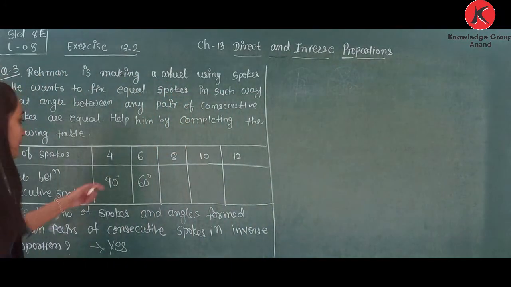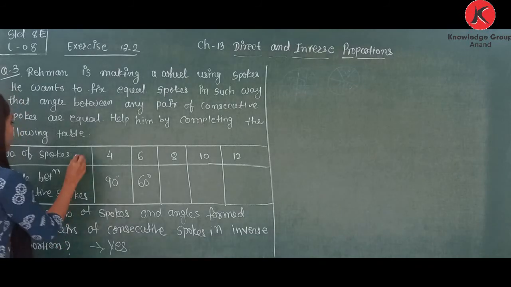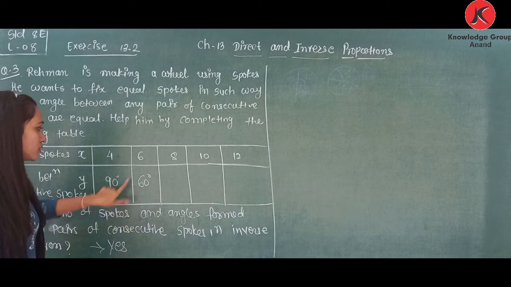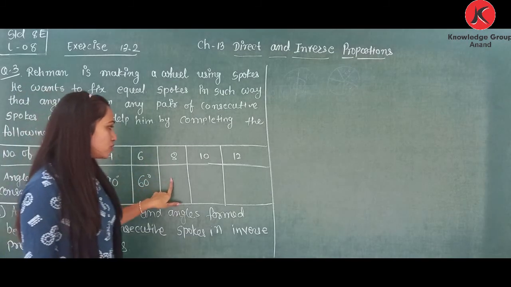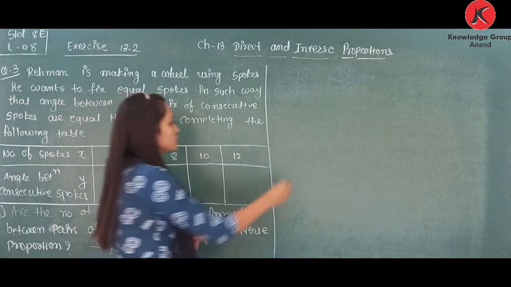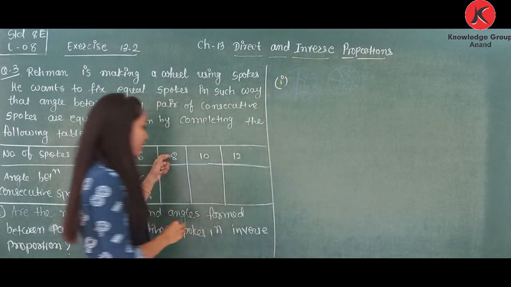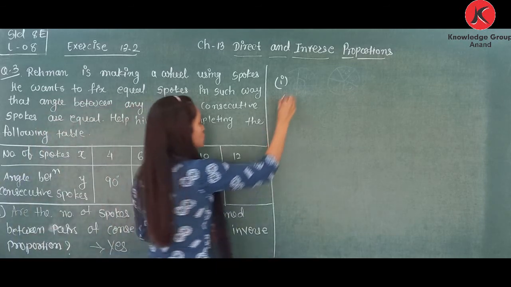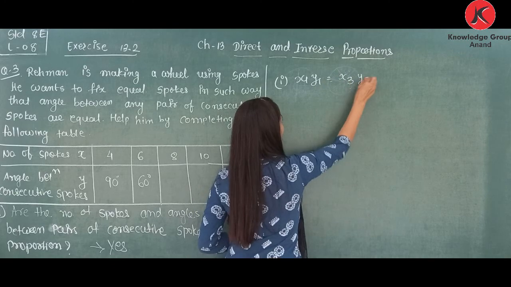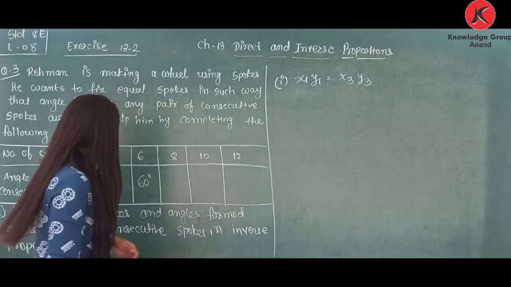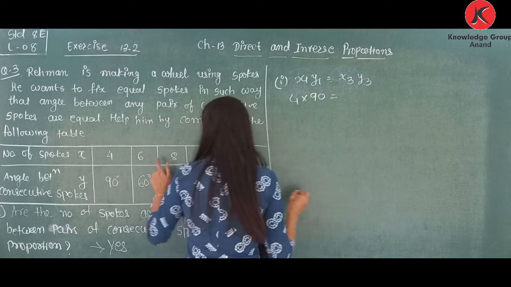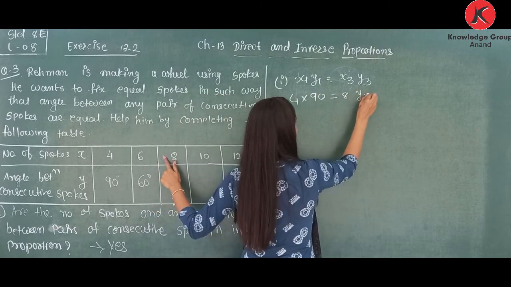Now let's fill this table. Here these are the values of x and these are the values of y. So this one is x1 y1, x2 y2, x3 y3, x4 y4, x5 y5. To find x3 y3, we can write that since it is in inverse proportion, x1 y1 is equal to x3 y3. x1 is 4, y1 is 90, x3 is 8 and we need to find y3.